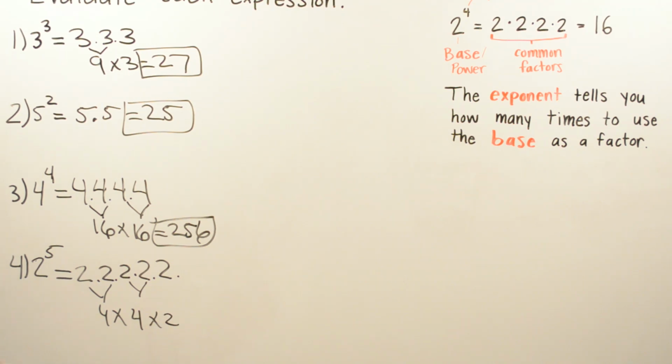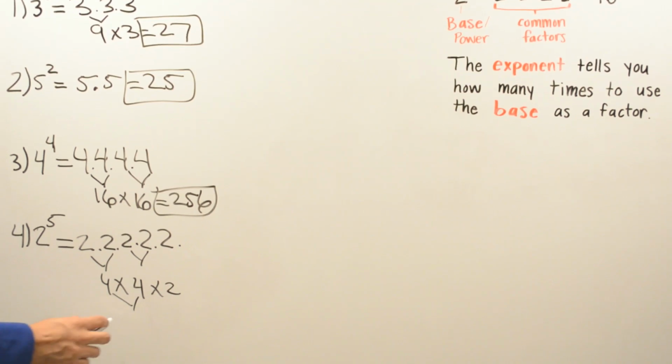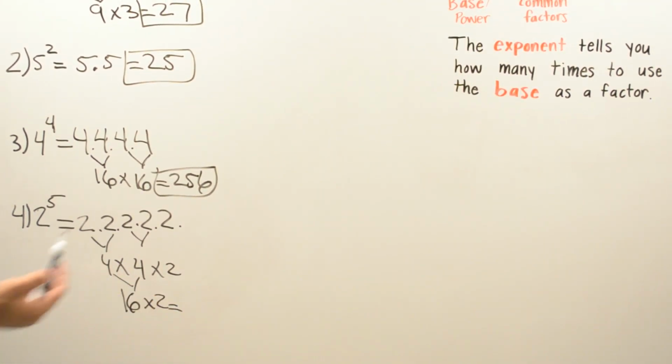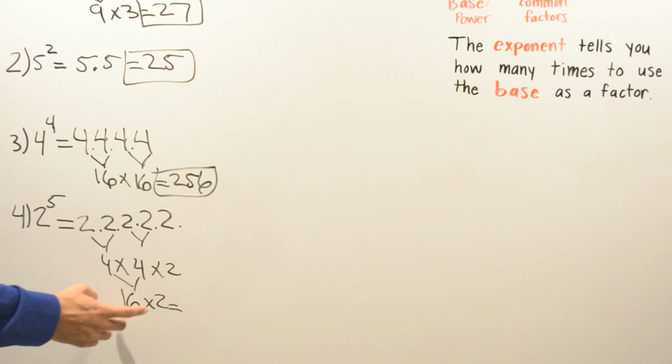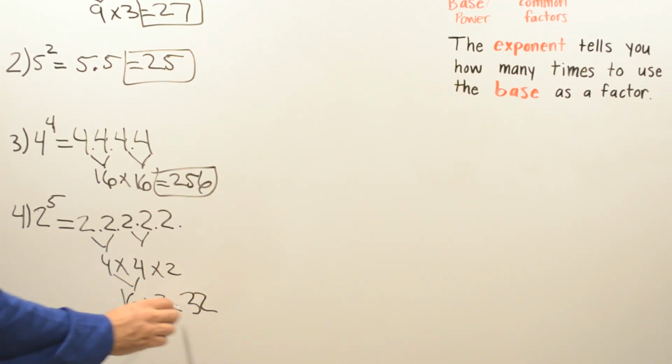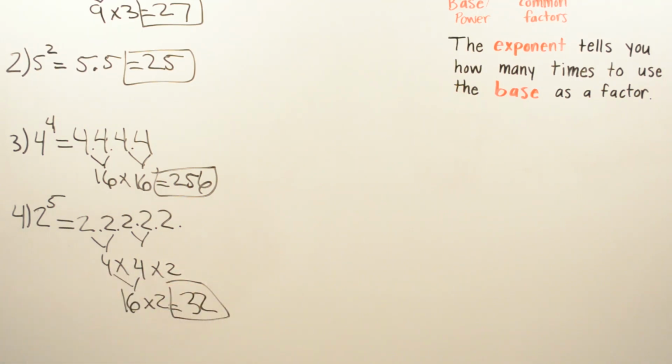Okay, you can say 4 times 4, or you can do 4 times 2 and then multiply the 4. I'm going to group these 2 and continue grouping. It's 4 times 4 is 16, and 16 times 2 is going to be 32. So our answer for 2 to the 5th power is going to be 32.